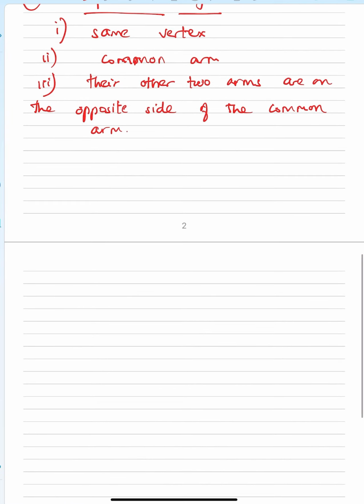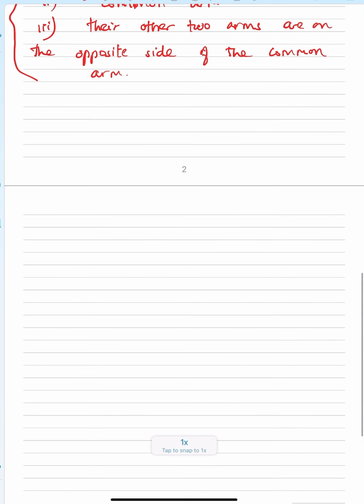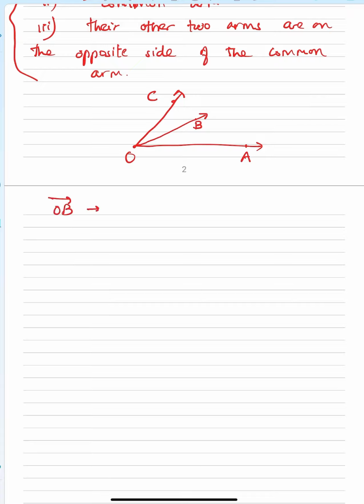Let us draw a figure including all these three conditions. First, I will draw two arms like this. This is, let me say, C. Here the vertex is O and this is A. Let me draw a common arm from here, which I will name OB. Here ray OB is the common arm. Now O is the same vertex of the two angles, which are BOC and BOA.